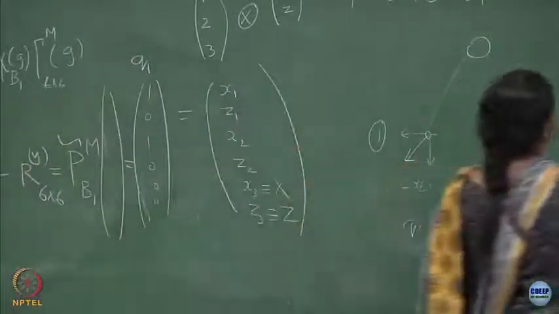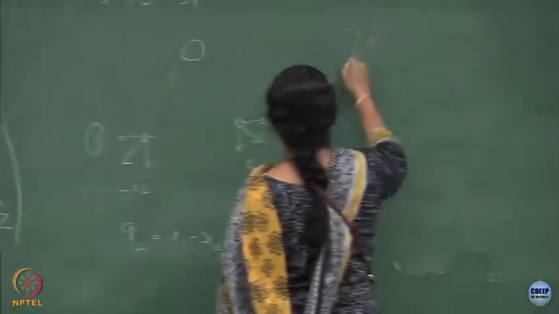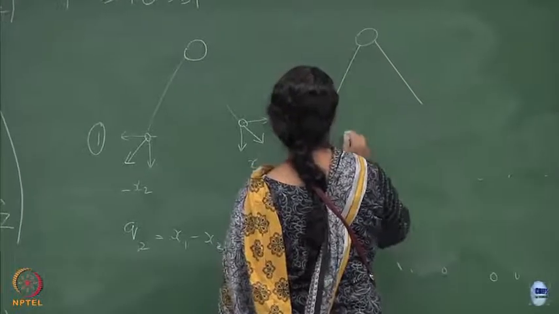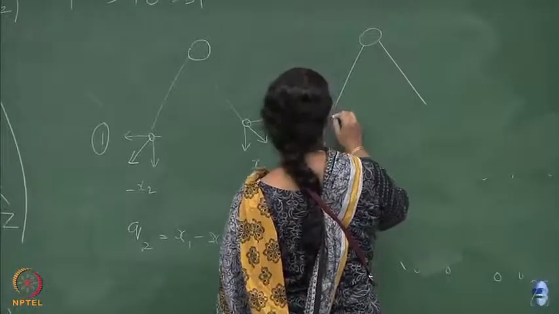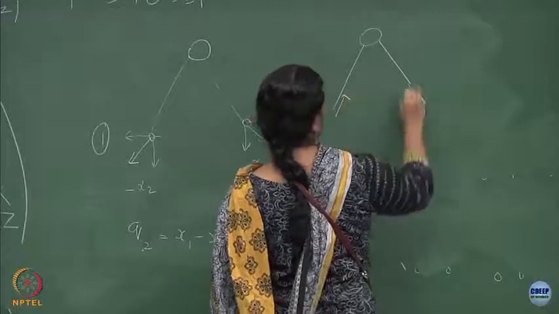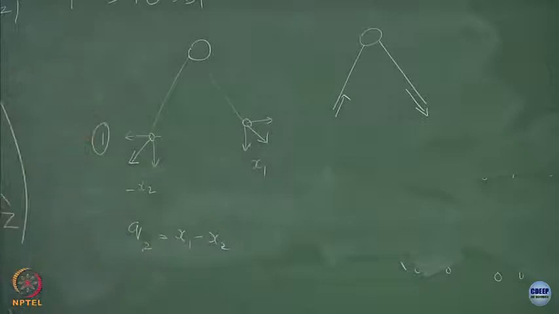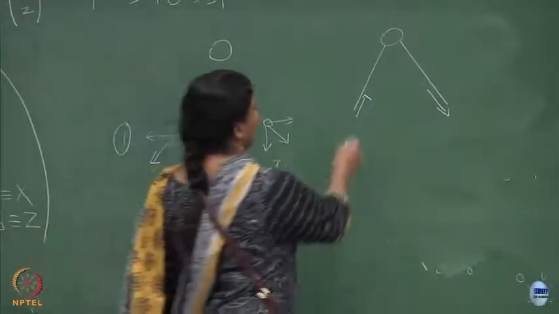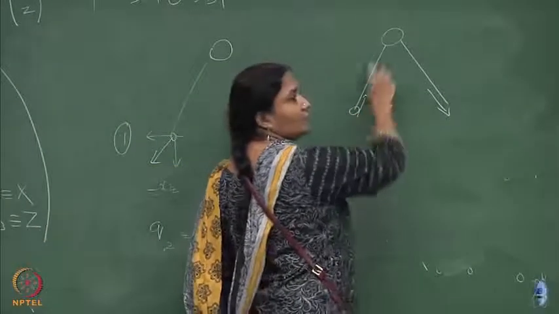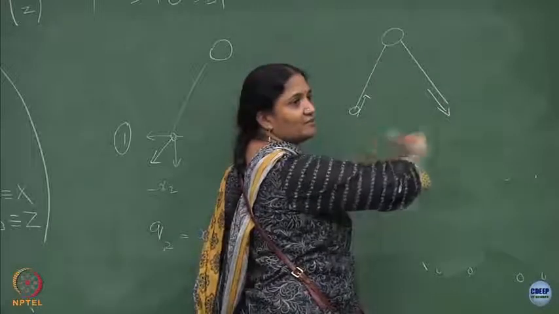The other one is where this goes this way, this goes this way, right. The two atoms, the bond, it is an asymmetric stretching.